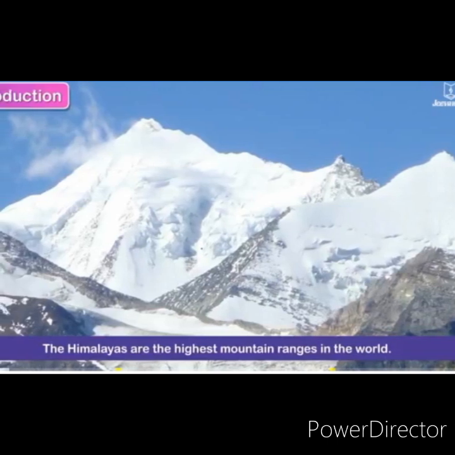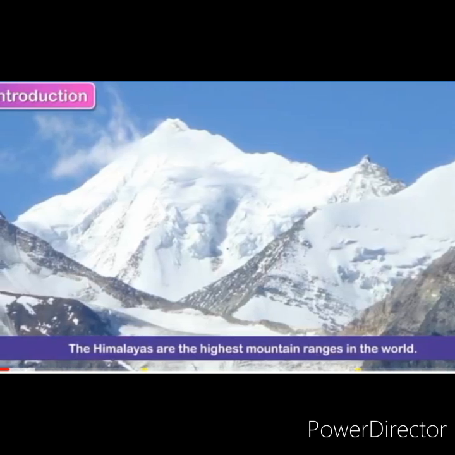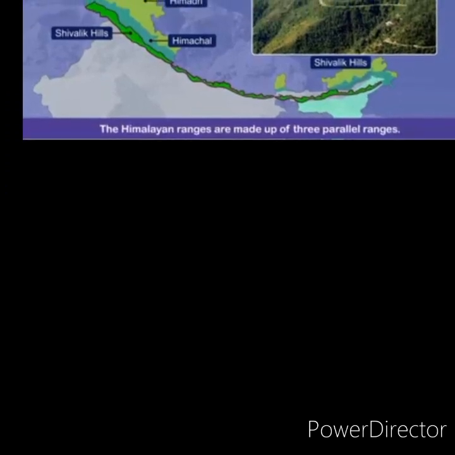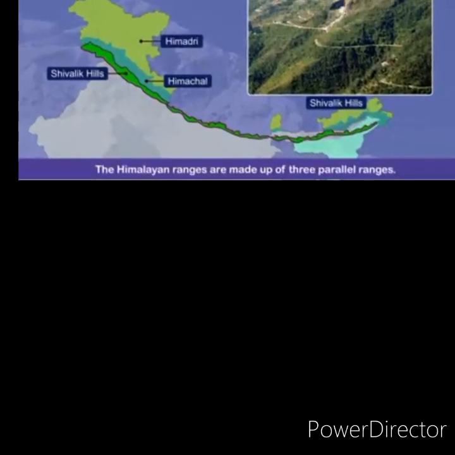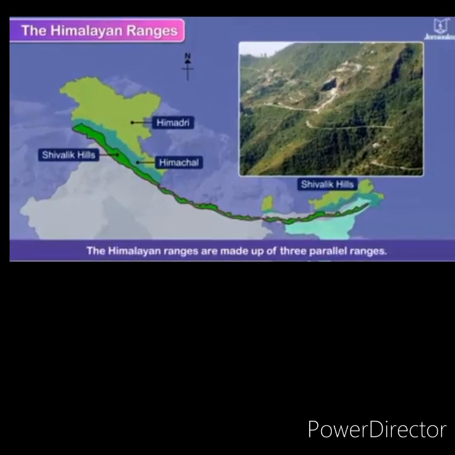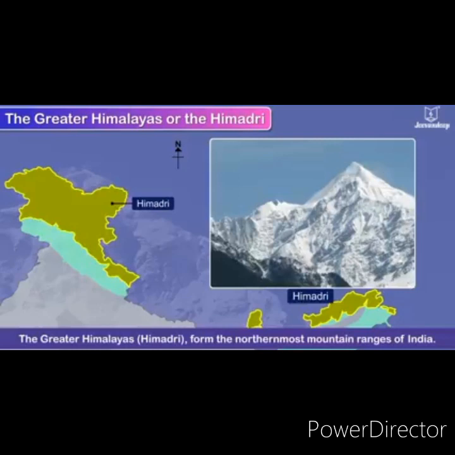The Himalayas, or we can say the northern mountains, are the highest mountains in the world. They have a number of parallel mountain ranges. The three main parallel mountain ranges of the Himalayas are the Himadri, the Himachal and the Shivalik. The Himadri mountain ranges are in the extreme northern part of the Himalayas and are covered with snow throughout the year.